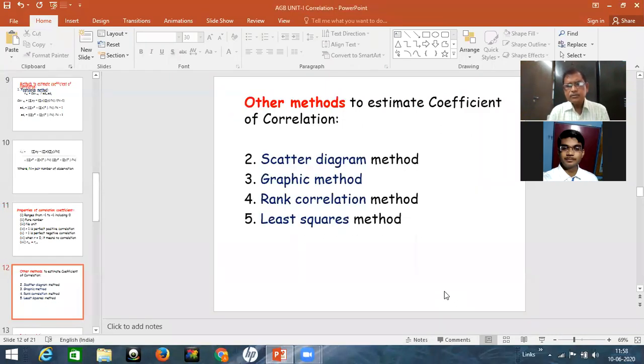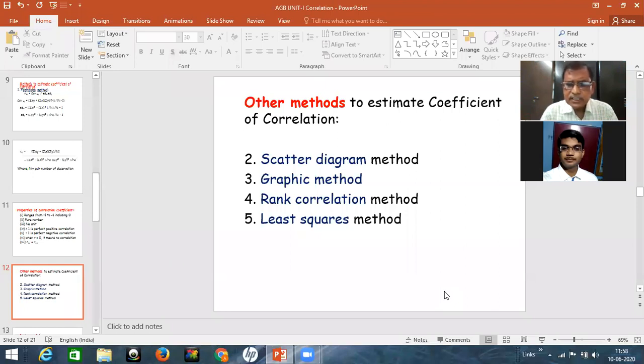There are other methods to estimate the coefficient of correlation: the scatter diagram method, graphing method, rank correlation method, and the least squares method. In the scatter diagram method and the graphing method, we can only assess the type of correlation between the two variables.